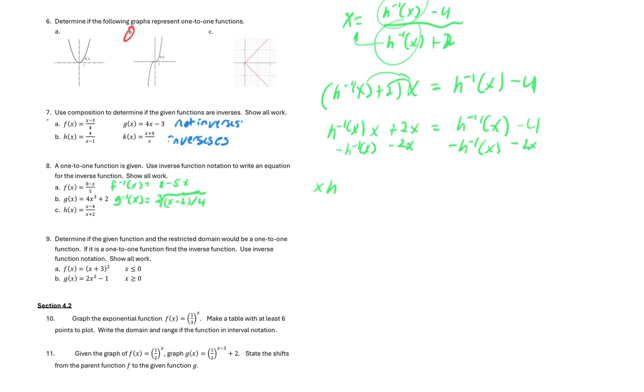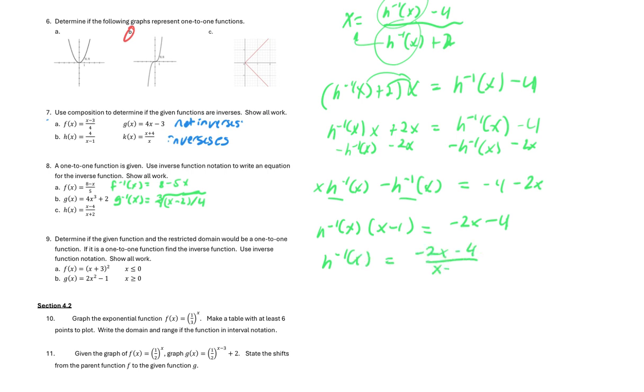So that's going to leave us with h inverse of x minus x times h inverse of x equal to -4 minus 2x. Factor out this h inverse. (x minus 1) is equal to 2x minus 4. Just rearrange that one. H inverse of x will be (2x minus 4) over (x minus 1).